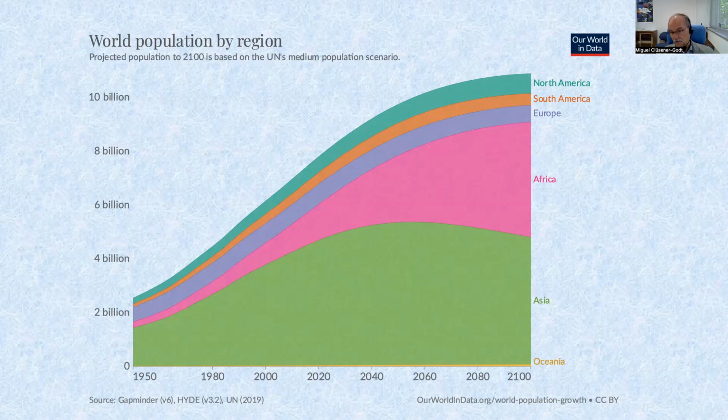Oceania's population is not really mattering in this picture. So this is one scenario. I think it's a quite realistic scenario. So I think this is what we can work on.